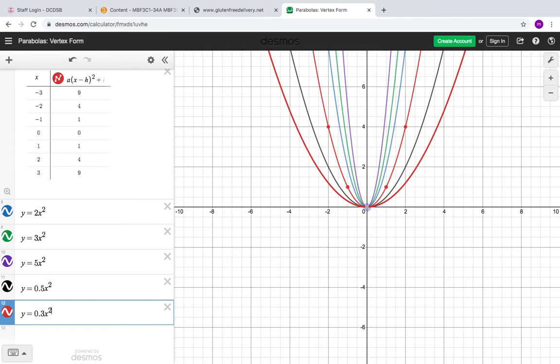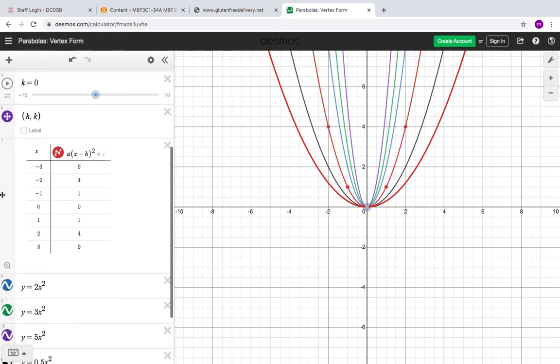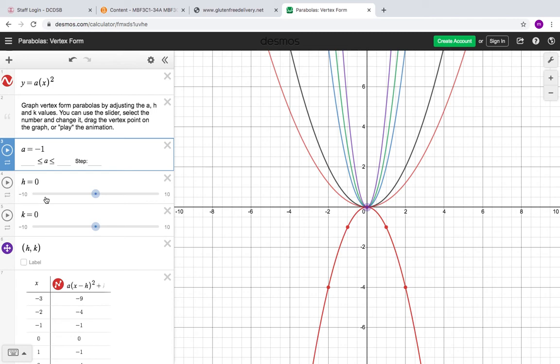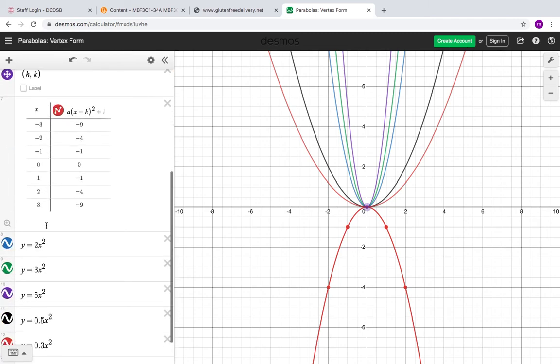Now the same thing happens with a negative, but remember that with a negative, we're going to have what we call a reflection. So it's going to flip through the x-axis. If I have a as -1, we're going to have that flip in the x-axis. And same thing is going to happen with -2.